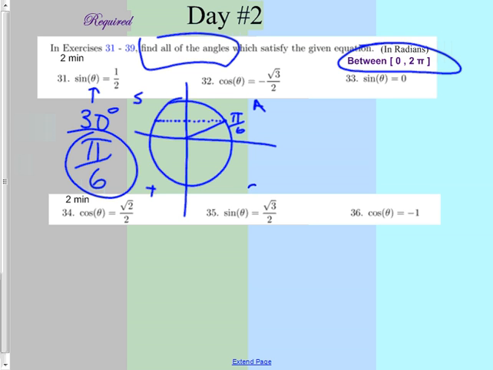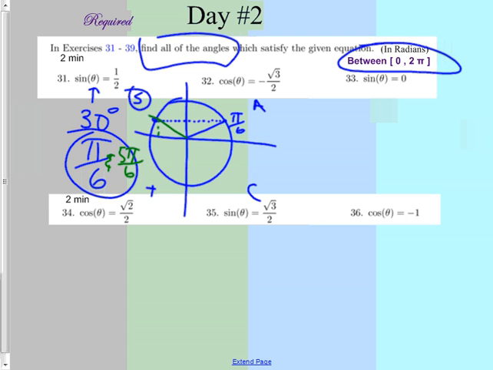Oh, students take calc. Sine's positive over there. That's another spot that works. So the answer is 150 degrees, except in radians. 5 pi over 6. So pi over 6 and 5 pi over 6.